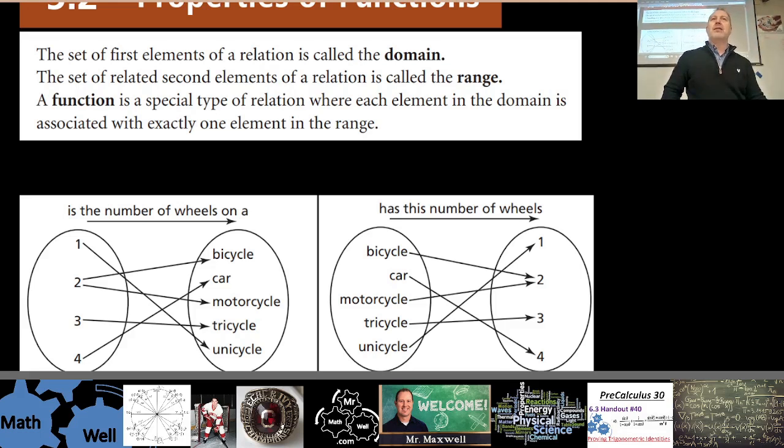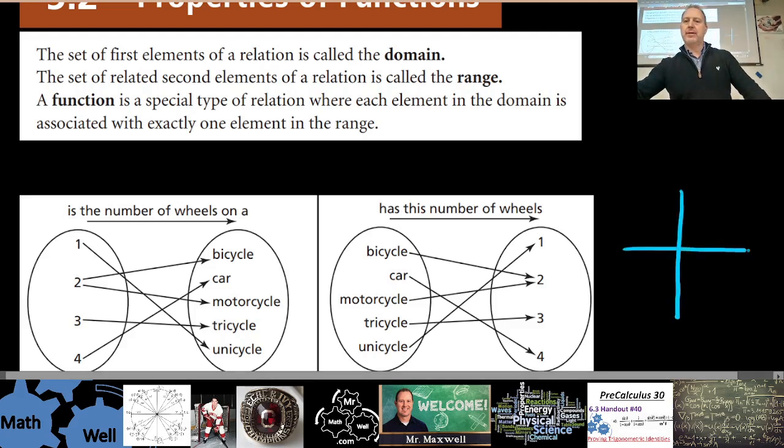So the domain is all of the values of the independent set, or the x values, we usually call them in math. Because remember, if we have the xy axis here, the x is this horizontal line and the y is this vertical line.